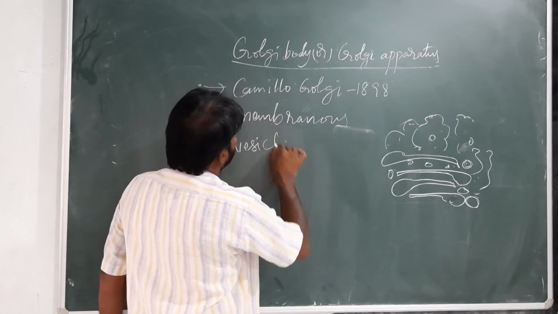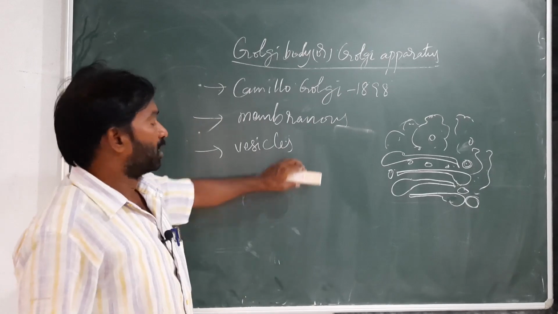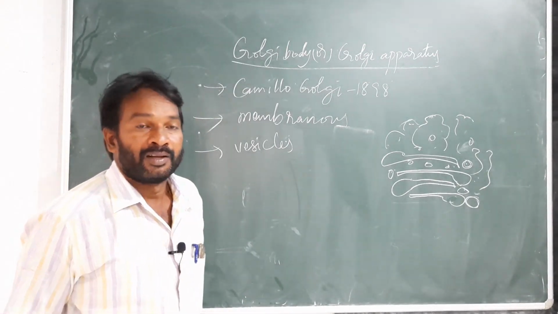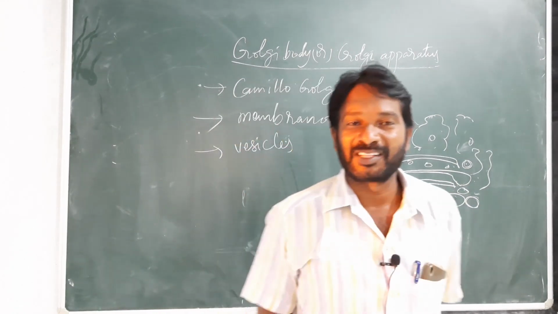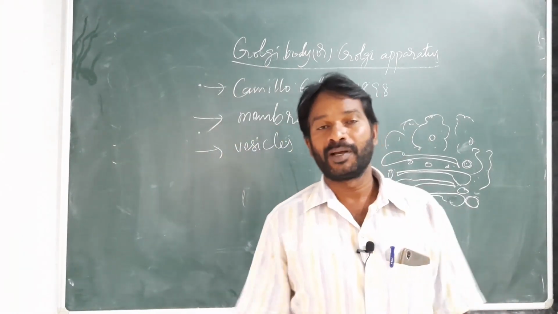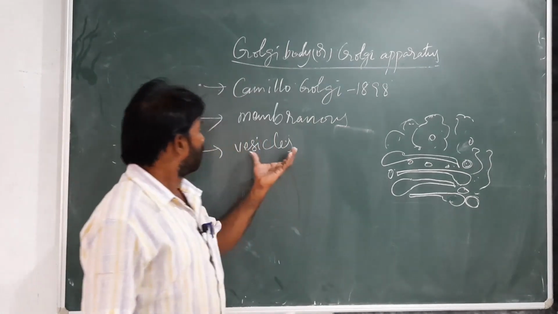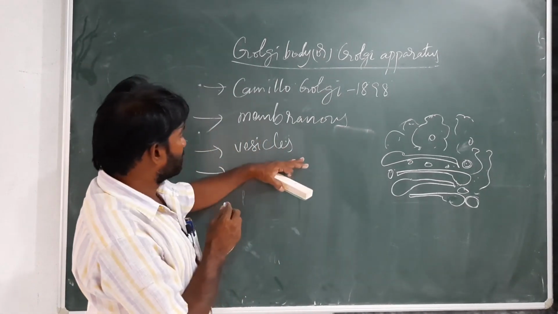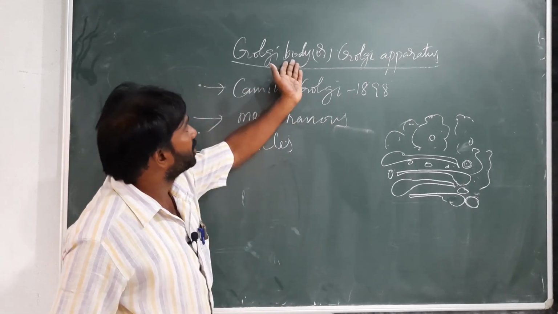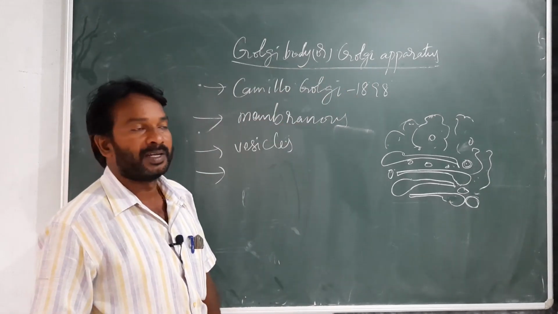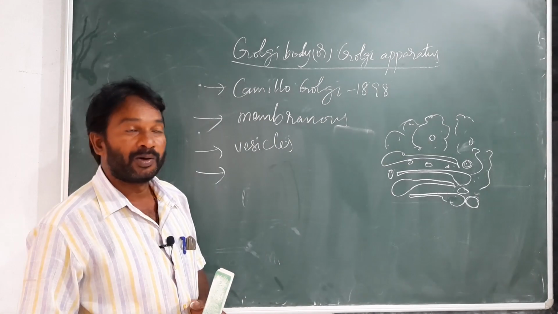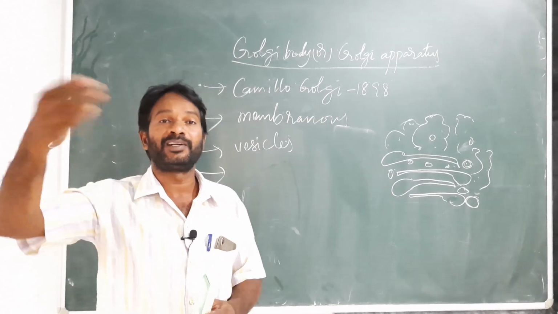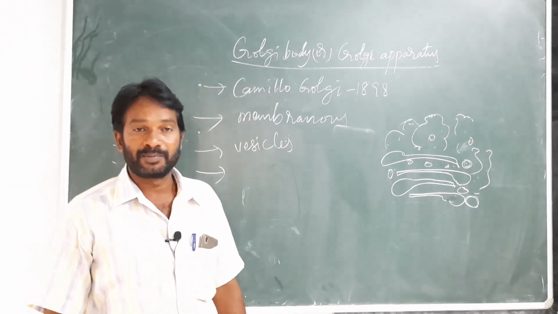These vesicles take some of the proteins and other substances produced by the ribosomes. What is the Golgi apparatus's function? Its function is to package the substances before sending them to other parts of the cell.